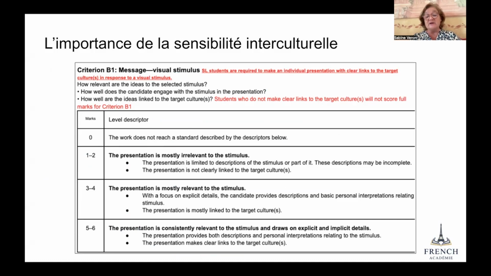The criterion B1 is about your presentation on the stimulus. Students tend to talk about the stimulus without referring to a French-speaking country culture, and therefore, if it's the case, they can't get full marks. So at each step of your presentation, you need to refer to a French-speaking country culture, and that's not very difficult.